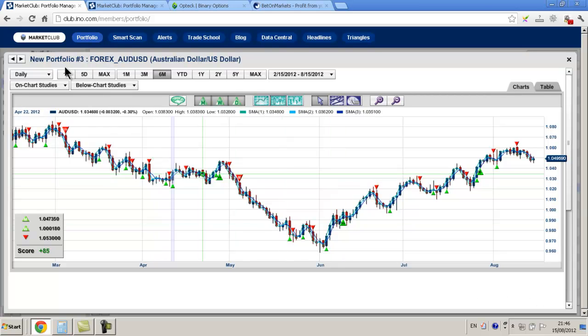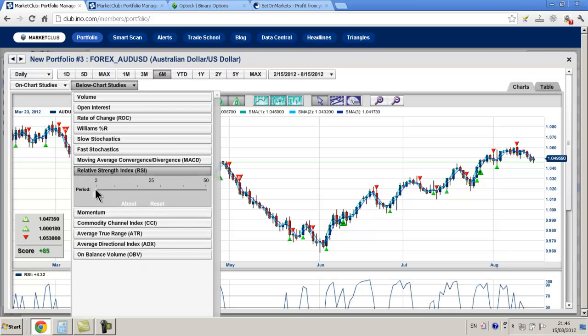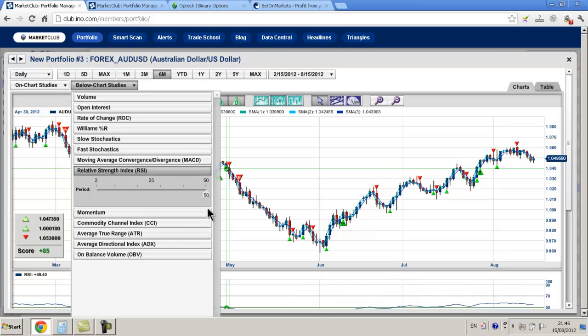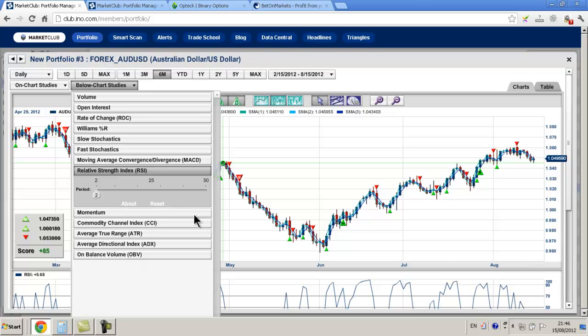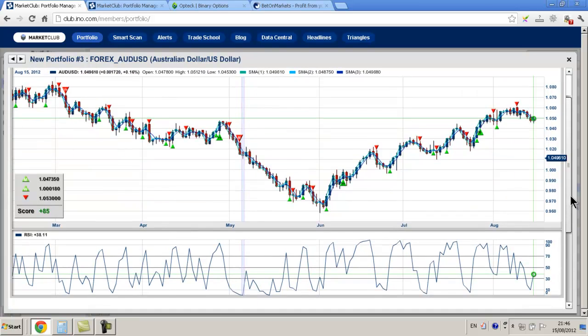And then below here, below chart studies, I want to set up the Relative Strength Index. Okay, click on that one. It goes from 2 to 50, but just leave it on 2. Now what that one does, a lot of people use this for trading, but I use it in a different way. What it's showing you is market strength.